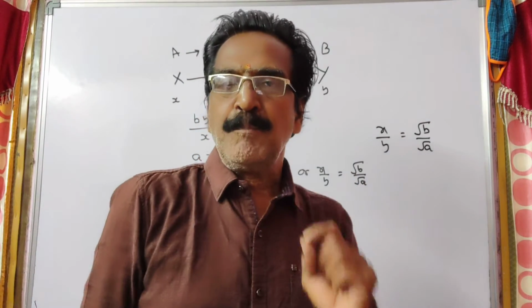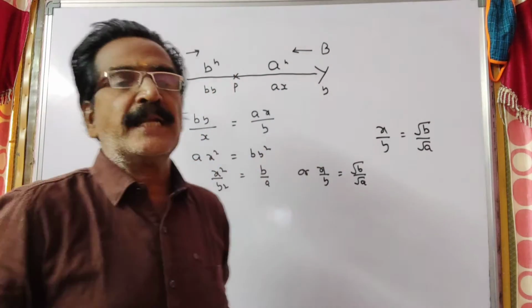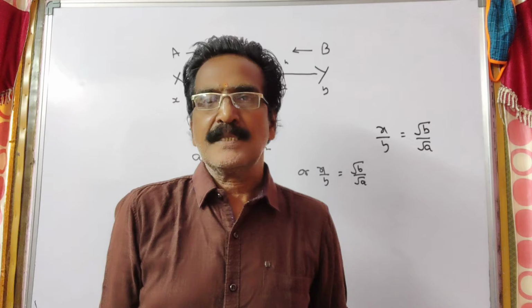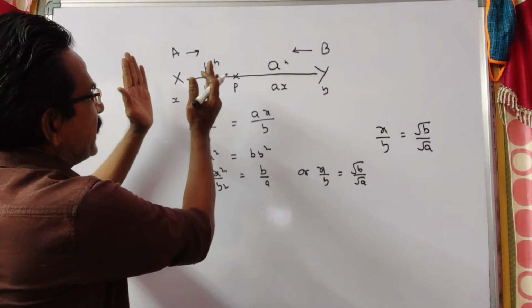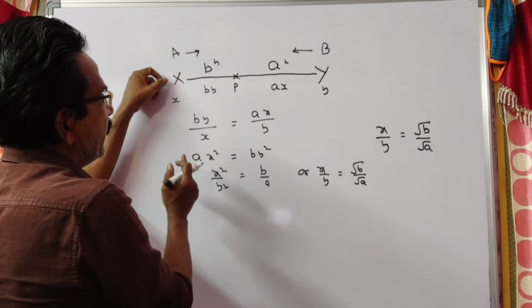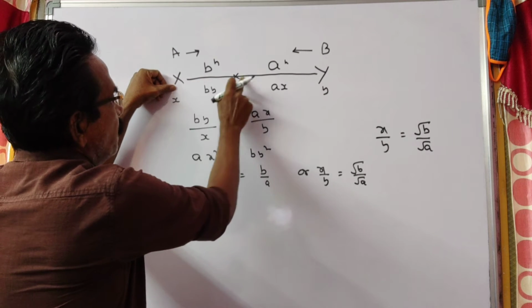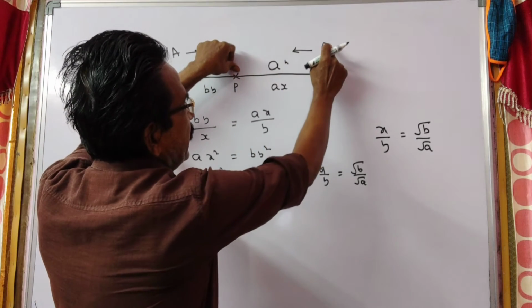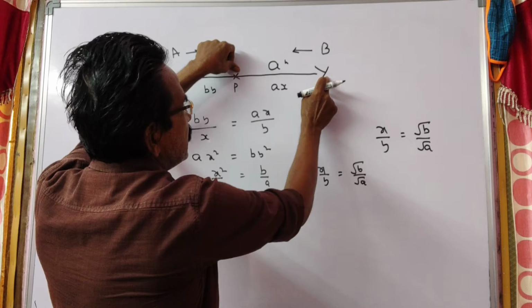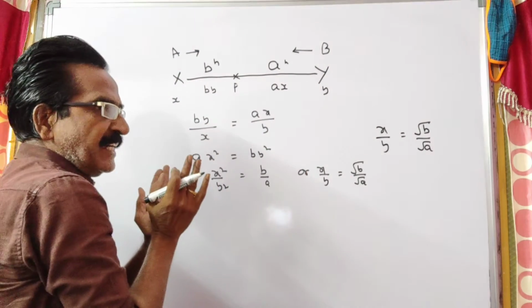Here the important point is, since the two trains start at the same time, the time taken by train A to reach from X to P is equal to the time taken by train B to reach from Y to P. So we are equating the times.